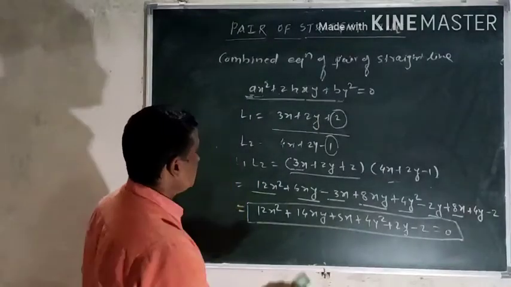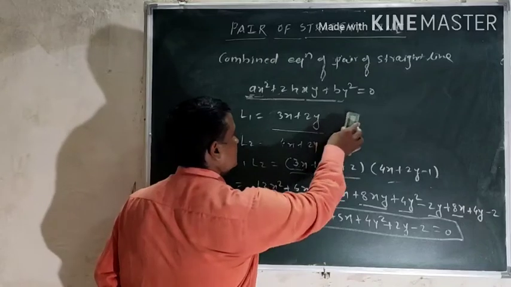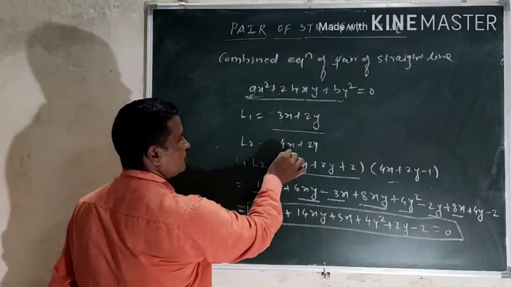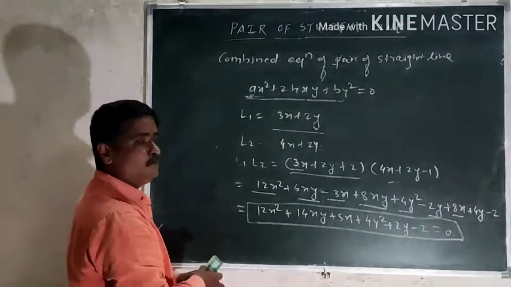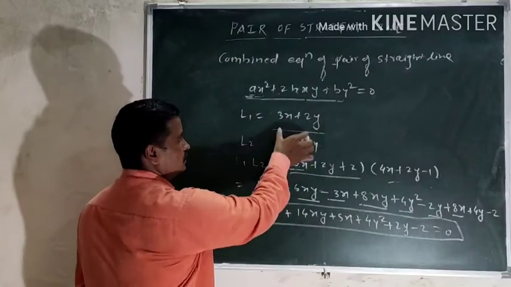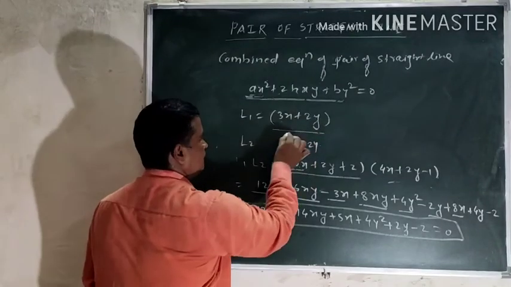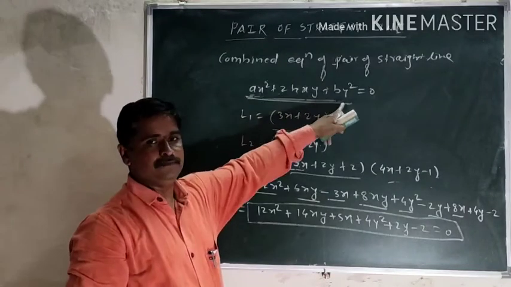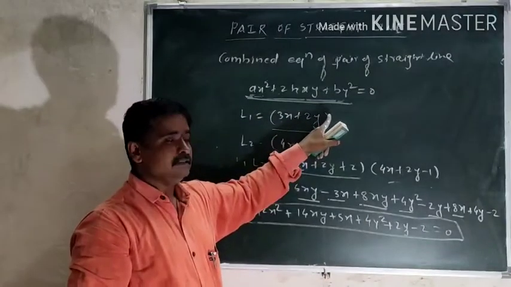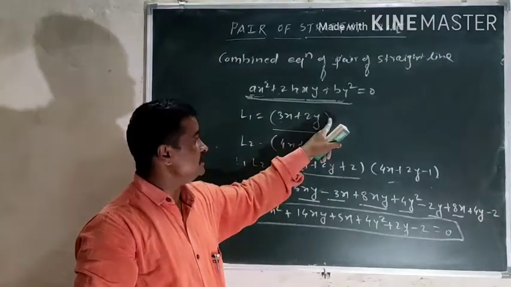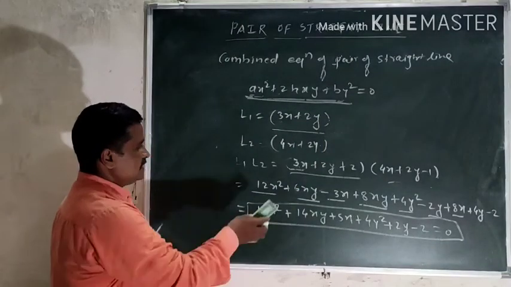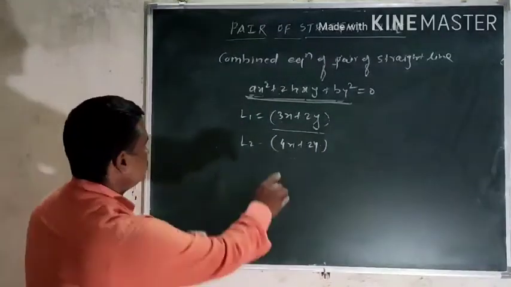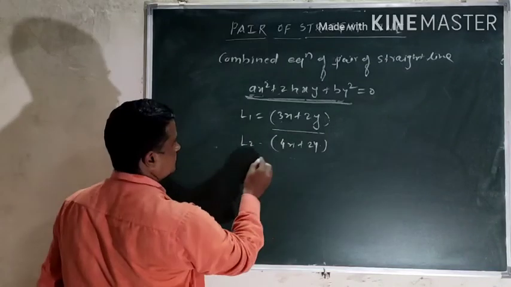If we consider the lines as 3x plus 2y and 4x plus 2y, then we multiply only the two brackets, and we get the solution in the form ax square plus 2hxy plus by square, because here the constant term is 0, that means c equals 0.